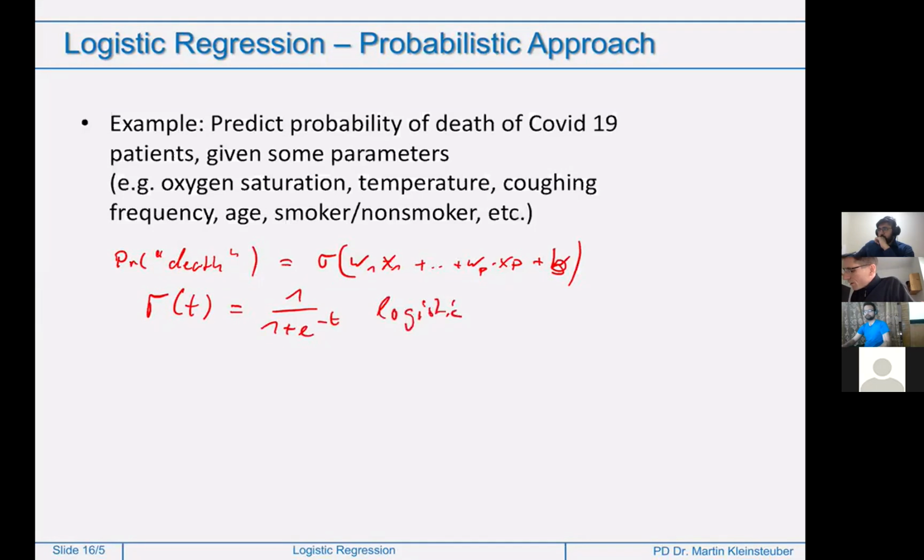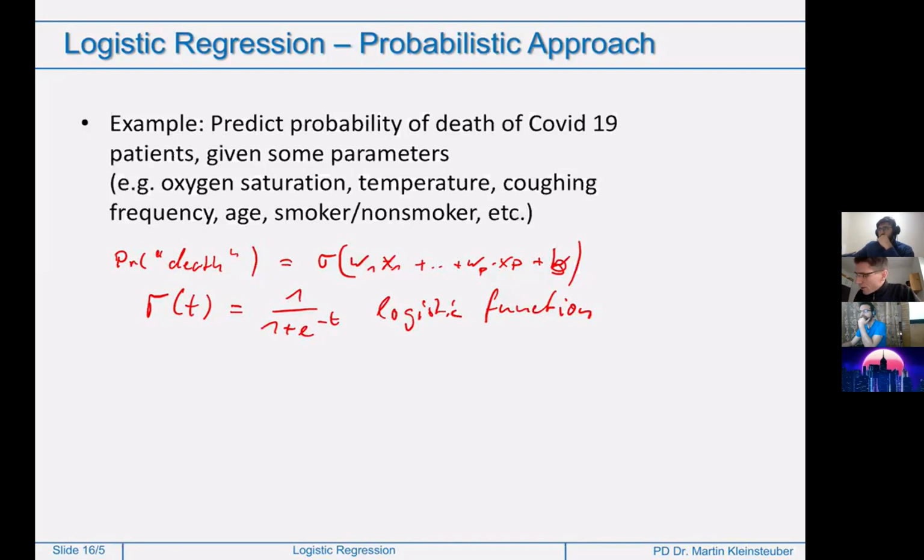This is the logistic function. Okay, and the task is, can we learn by examples these weights, the linear weights between the input parameters, and if we can do that, can we somehow predict the probability here of death or not? Okay, so that was the assumption.